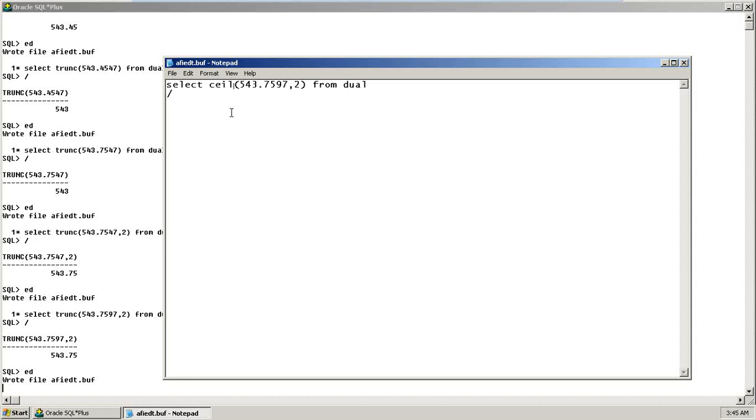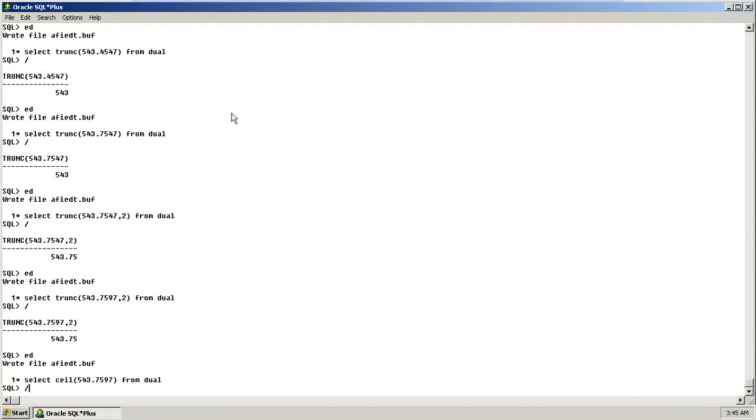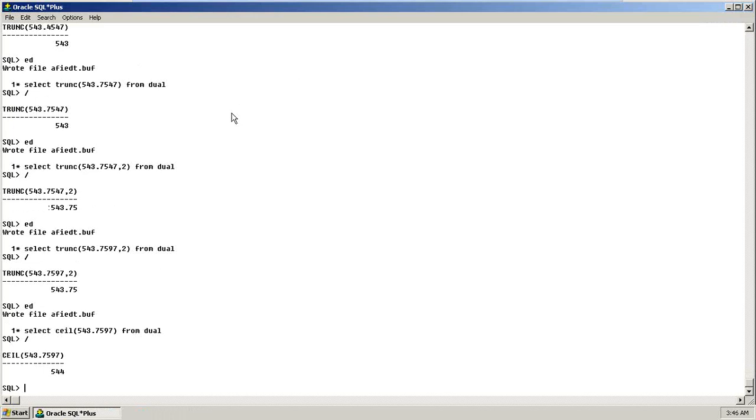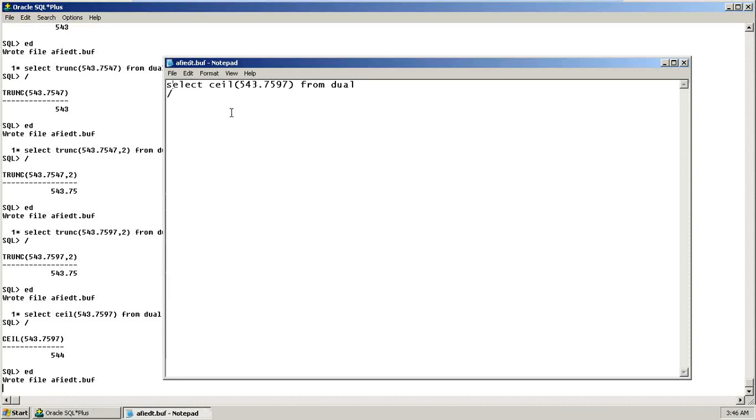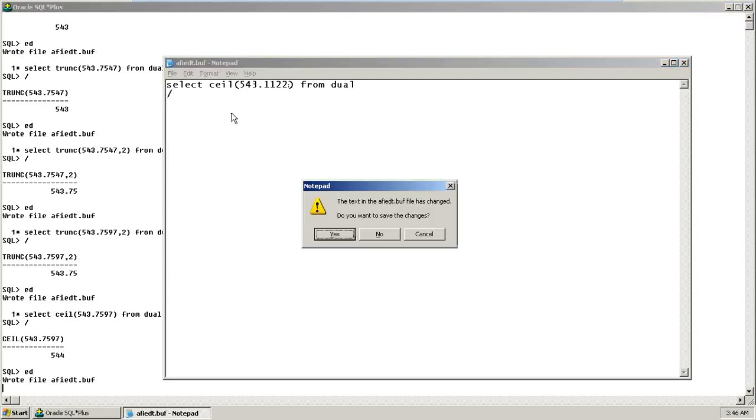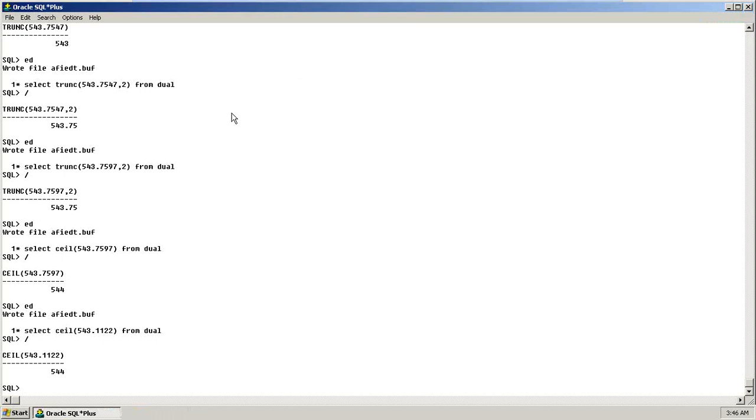So ceil is a function that always goes to the next value. Here ceil of some number I am giving. Instead of 543, it is giving 544. Even though it is something like 1122, whether it is 1122 or 99, whatever it is, it always goes to the ceil value, irrespective of less than 50% or greater than 50%.